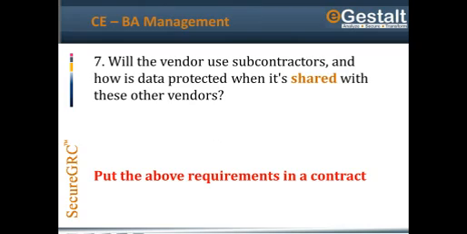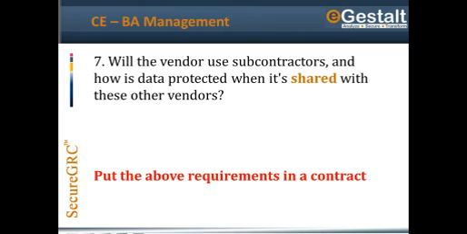And then also asking the same question to the BAs about their subcontractors. Do the BAs have agreements in place with their subcontractors and vendors and people that they work with to ensure that if they are sending out PHI information physically or electronically, it is protected?